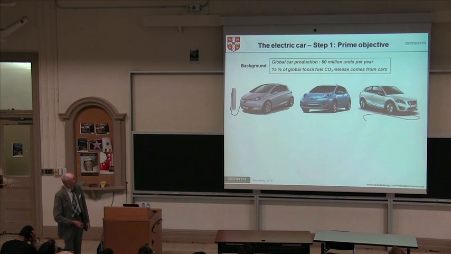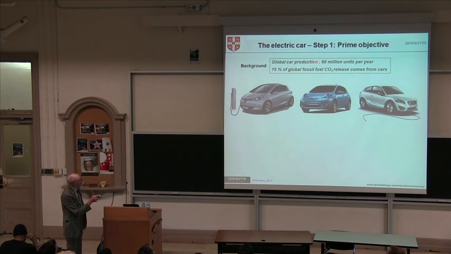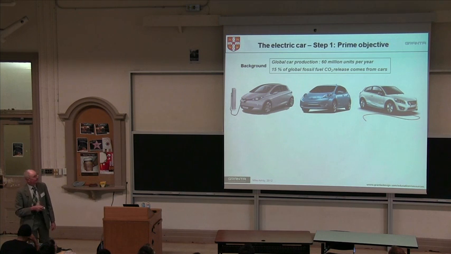Well, let's look at the problem. And we'll do it globally because while you can do it country by country, we've been talking in global terms till now, so I'll go on doing that. Globally, we produce 60 million cars a year now, right now. And they produce about 15% of all the CO2 that's produced in the world, so it's a lot.